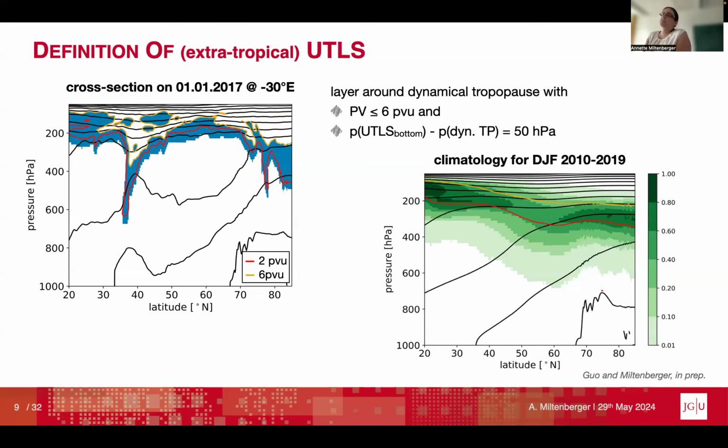Of course, these are numbers that you can pick otherwise, but if you look at cross-sections and so on, this seems to be a reasonable definition. On the left-hand side, we can see how this pans out for a specific situation. And in the lower right panel, you can see the climatological distribution over 10 years of ERA5 for the Northern Hemisphere. So in principle, it does what we wanted it to do. It captures this layer around the tropopause.